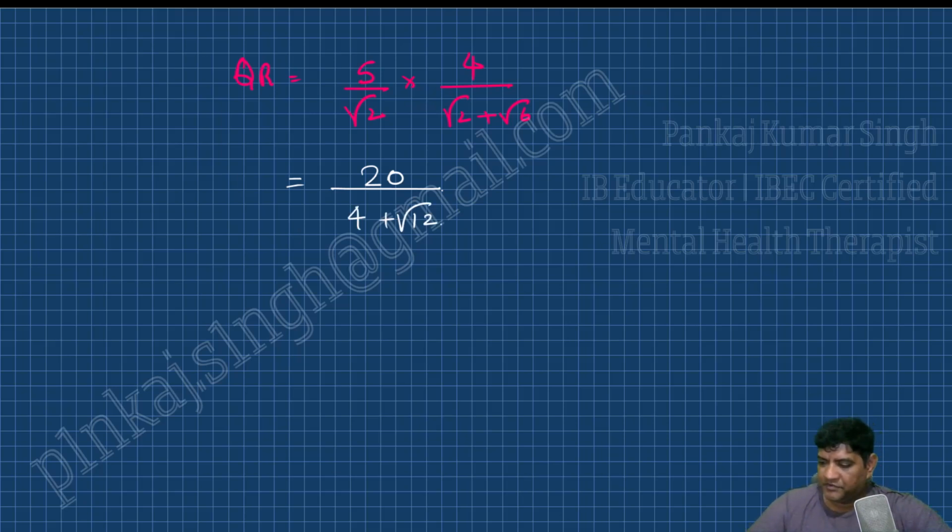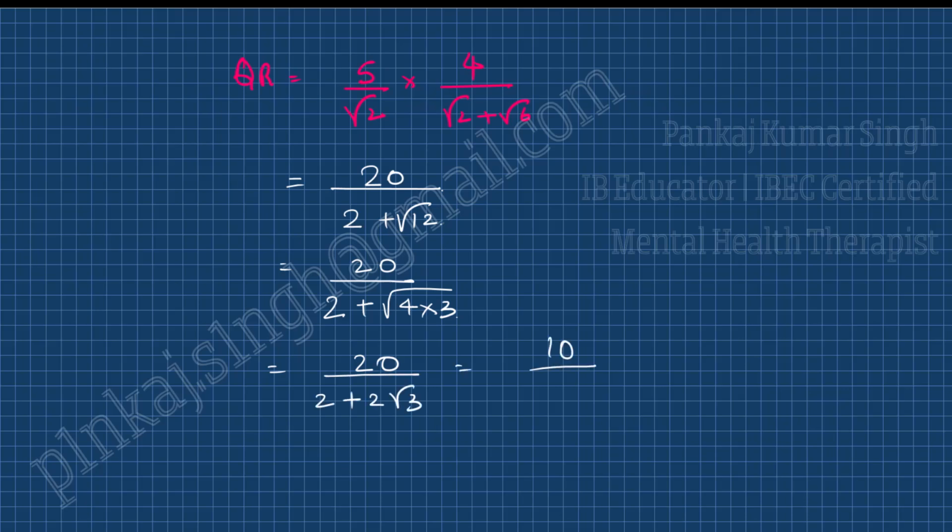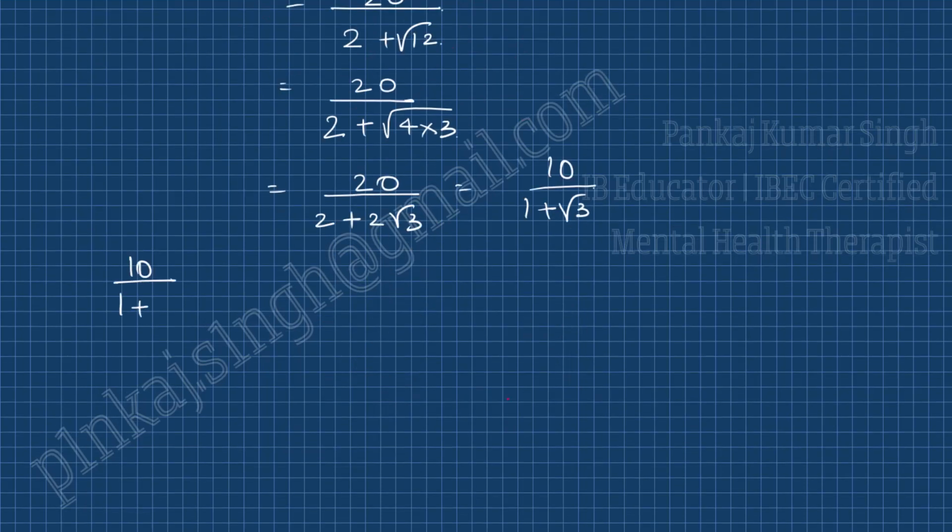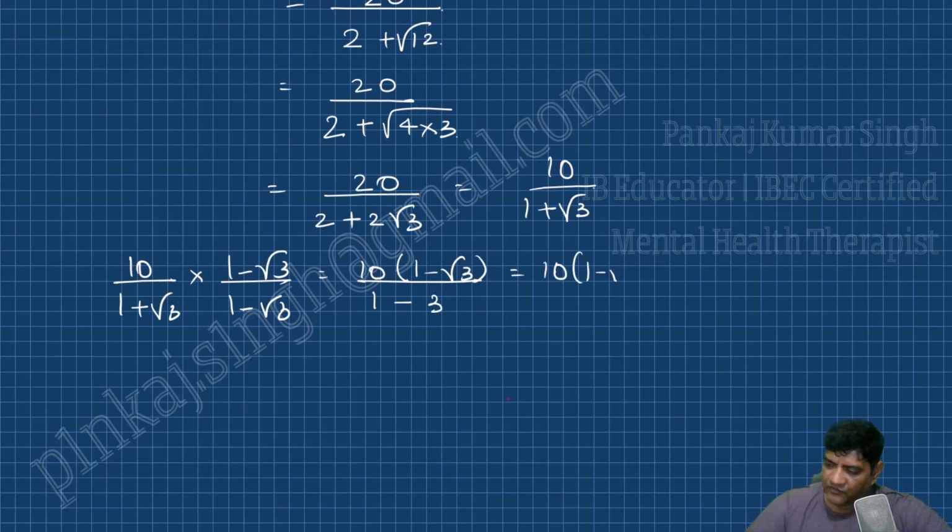Now root 12 can be written as 2 plus root 12, and 12 can be written as 4 into 3. Into 1 minus root 3 divided by negative 2, which is 5 into root 3 minus 1.